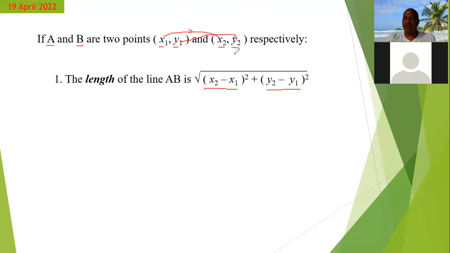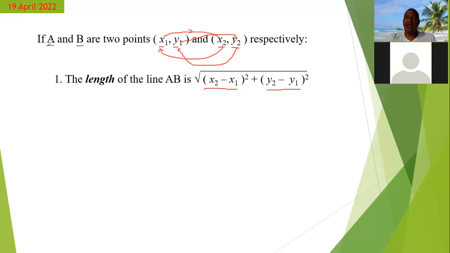Now, you may want to do it the other way around, and there's no problem in that. But if you now decide that you're going to take away X2 from X1, you also have to take away Y2 from Y1. So you have to decide which one you're taking from which.